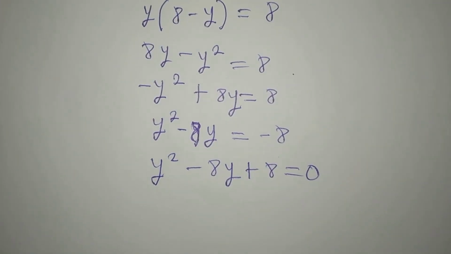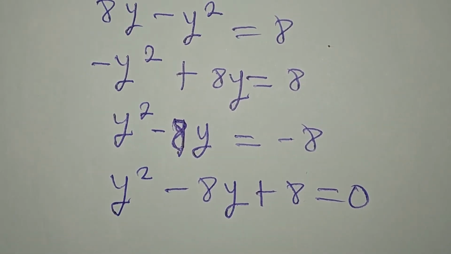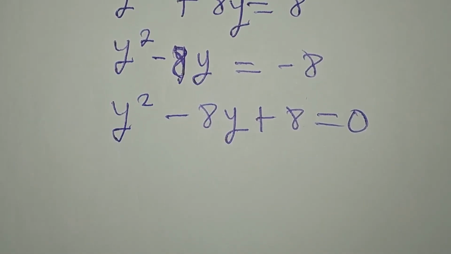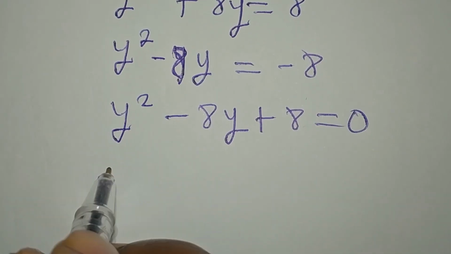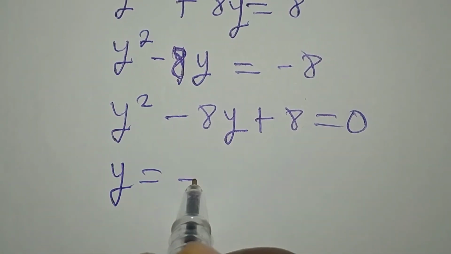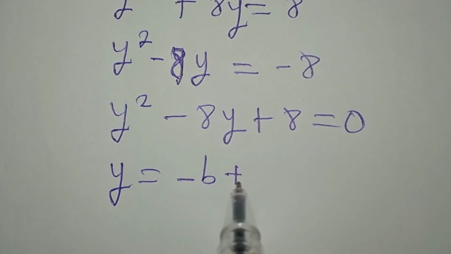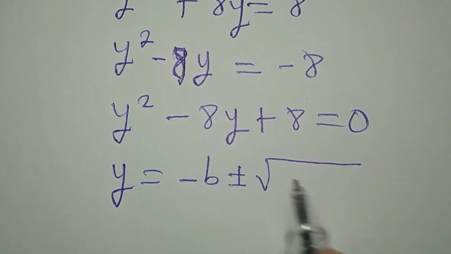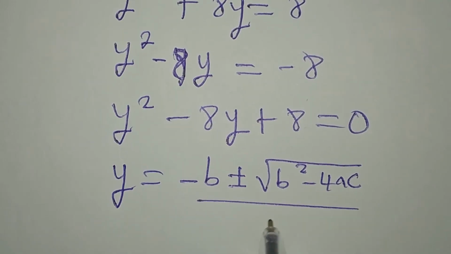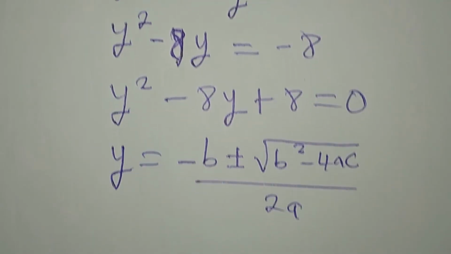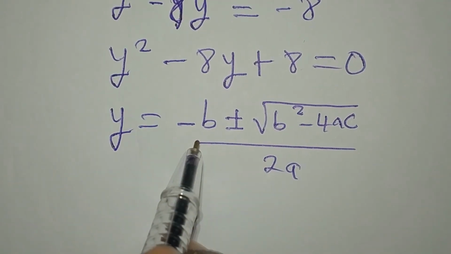Now what do I do? Very quickly, I'm going to use the formula method for this. So y is equal to minus b plus or minus square root of b squared minus 4ac, everything over 2 times a. Now our b is minus 8, right?